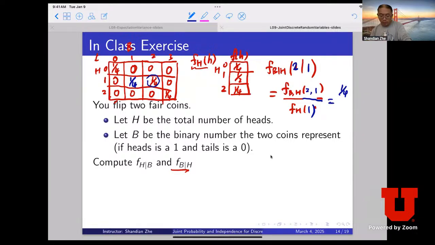If you want to look at the marginal probability of H, remember H represents rows, so you marginalize out B. That means you sum over the values of that row, which gives you 1/2. So the denominator is 1/2. So what is the conditional probability? 1/2, right?